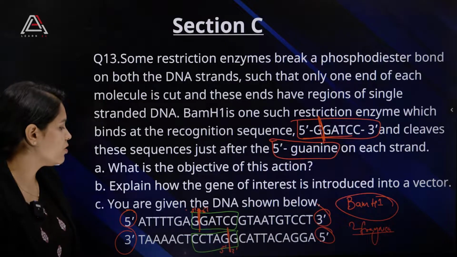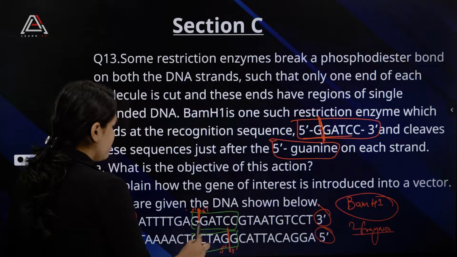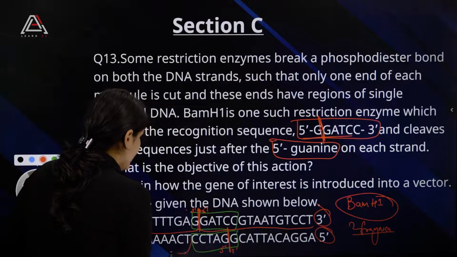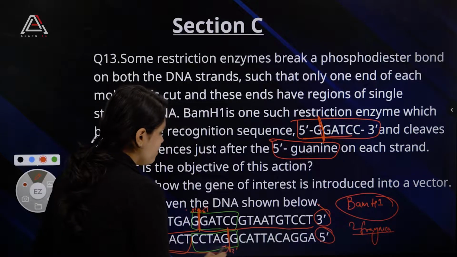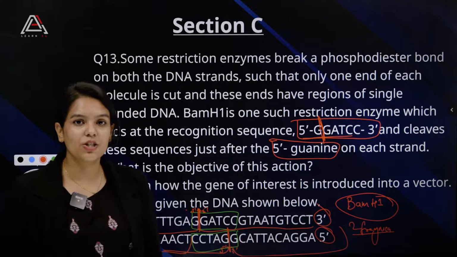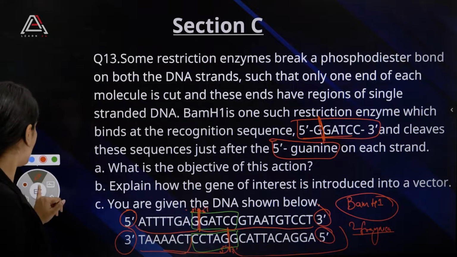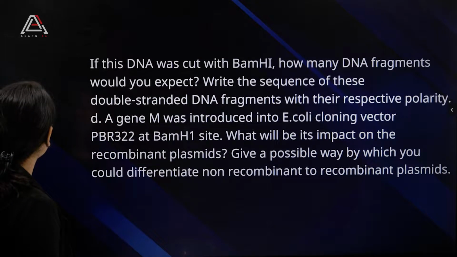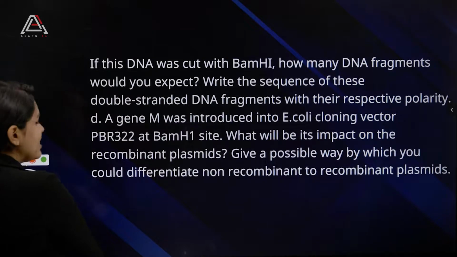Do not forget about mentioning the polarity. So these 2 fragments are formed, and you have to write about them separately, because they have asked that in the question using this sequence, right? Okay, moving on to the next part of this question. It was a very easy question, right?